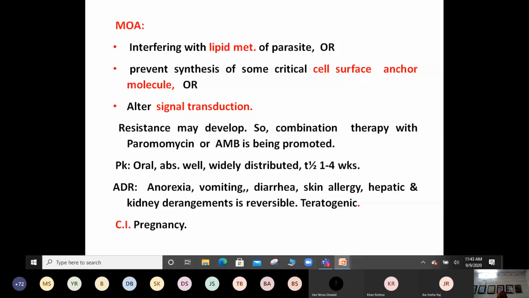That means if you stop the drug, after some time the kidney will start functioning normally. It is teratogenic, so it cannot be given during pregnancy. It is contraindicated in pregnancy.